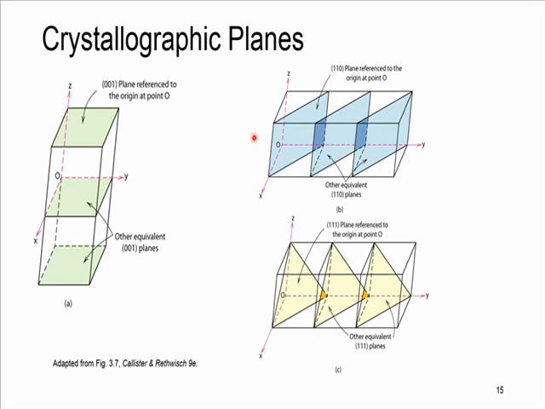First of all, if the plane is passing through the origin, like this one, then we have to make it either a parallel plane at a reasonable distance within the unit cell, or we have to translate the origin so that we can establish another unit cell. We will work on a similar example in class.